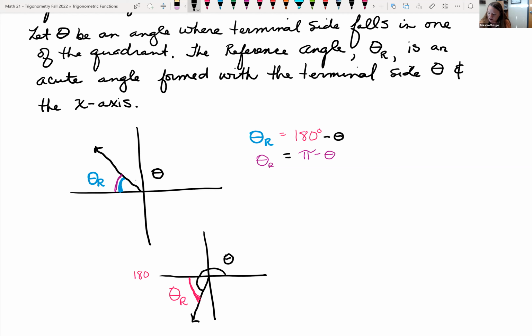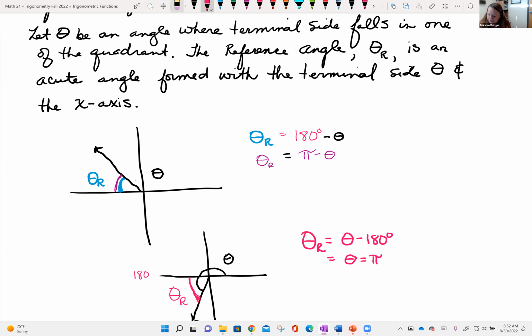And so theta sub r is equal to theta minus, in this case, 180 degrees, or theta minus pi. So that's if we're in quadrant 3.